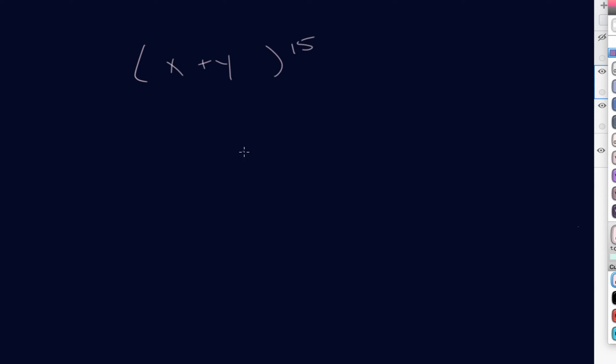And they say, oh well, what's the coefficient of x to the third, y to the, what is that, 12th, right? You have to add up the exponents and they equal the power. And they say, what's the coefficient here?